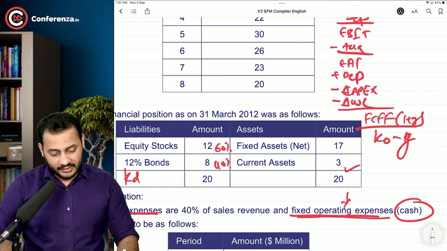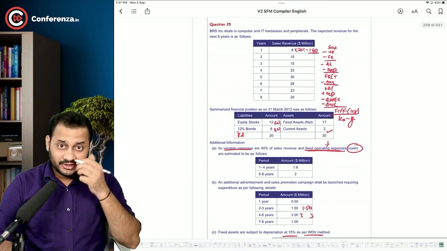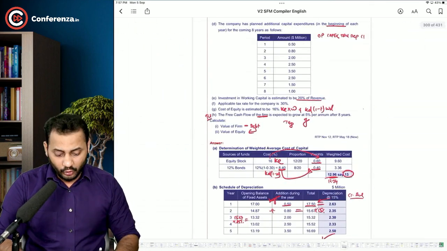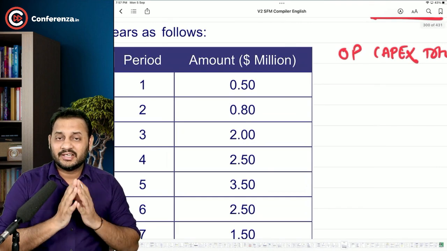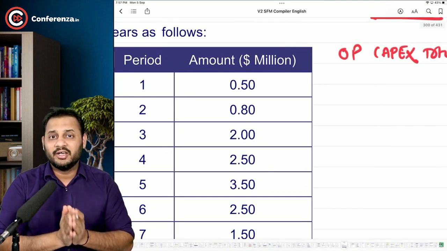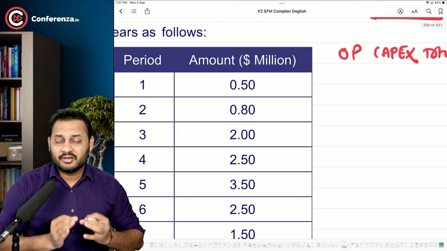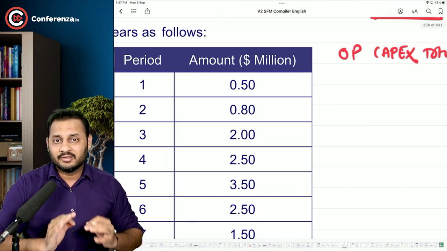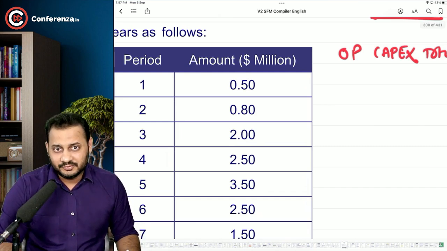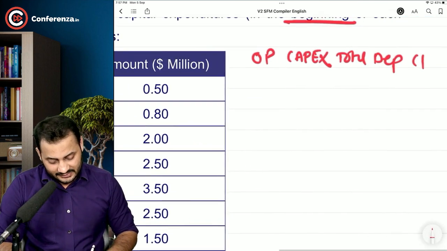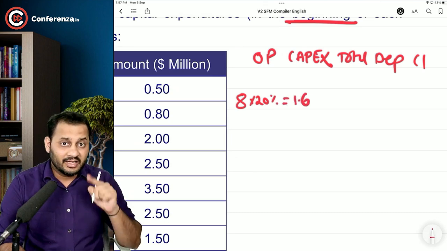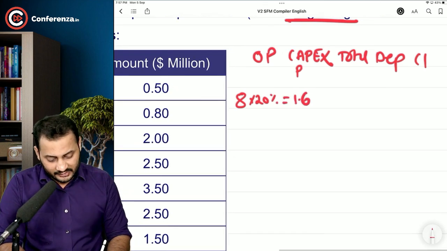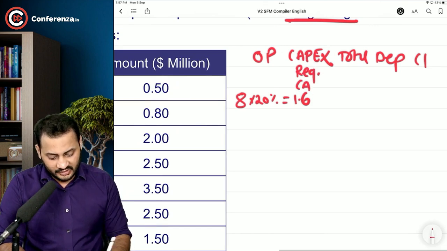Apart from that, the first year's capital expenditure will also be funded from the extra current asset lying in the balance sheet. So it will be like this. I will just share with you. 8 into 20% is 1.6, the required balance in current asset.